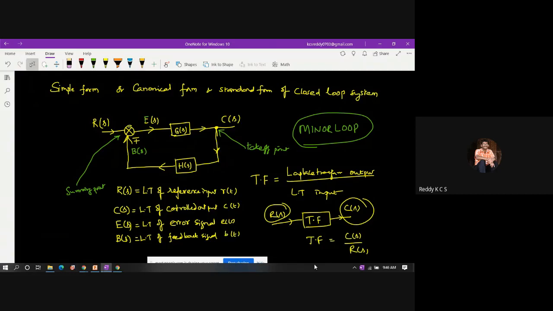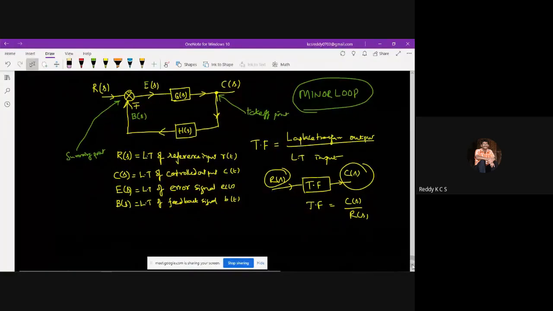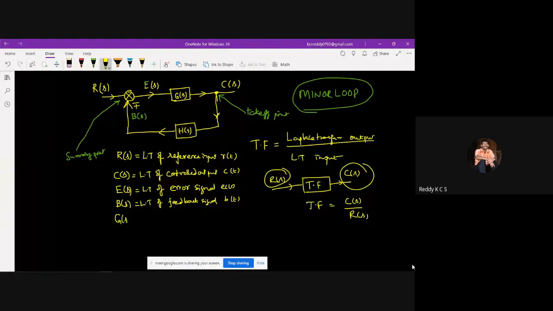And we can write G of s and H of s. What are G of s and H of s? They are transfer functions. G of s is the equivalent forward path transfer function.